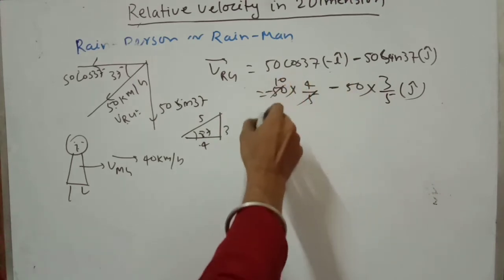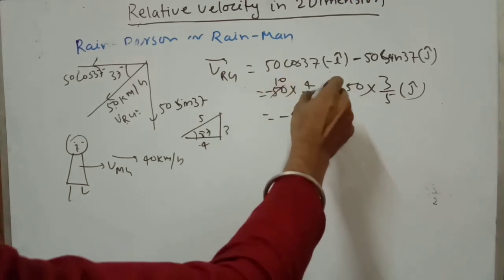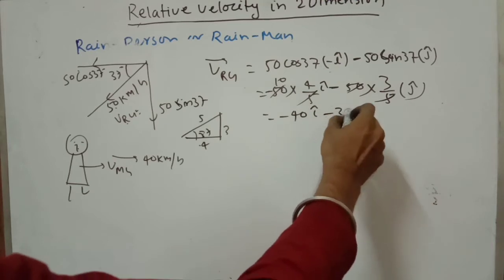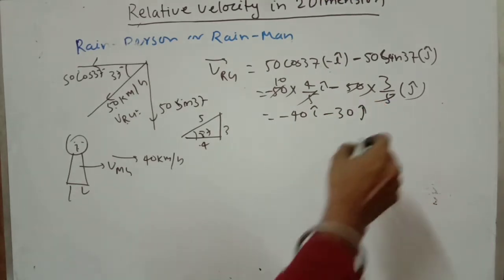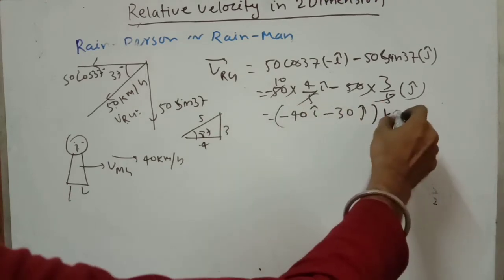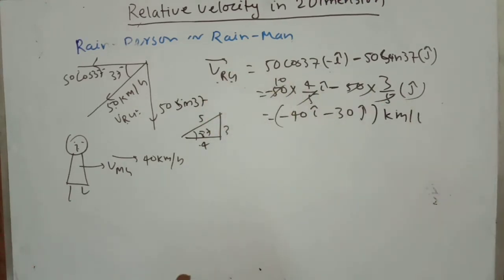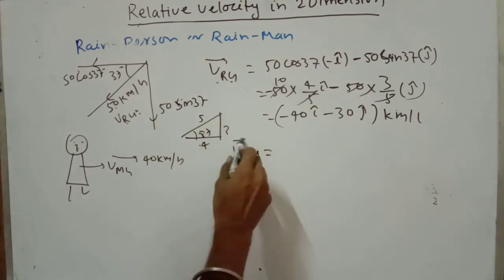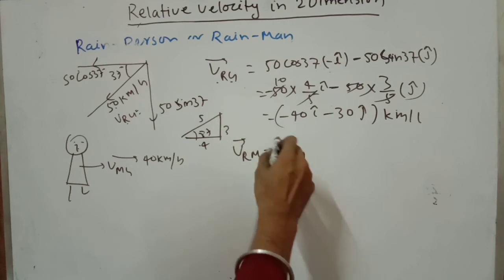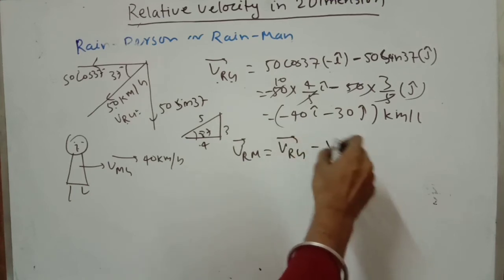So it will be minus 40 i cap and minus 30 j cap, in kilometers per hour. That is the velocity of rain with respect to ground. So velocity of rain with respect to man is velocity of rain with respect to ground minus velocity of man with respect to ground.